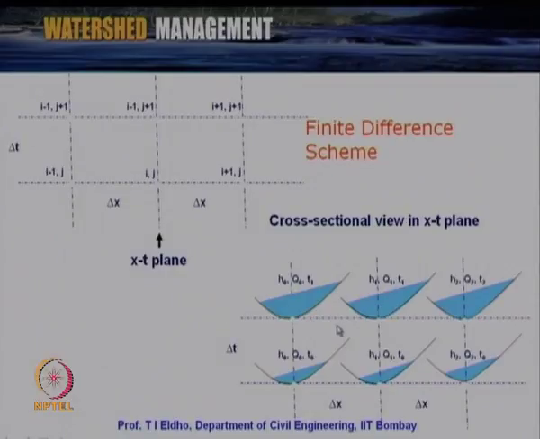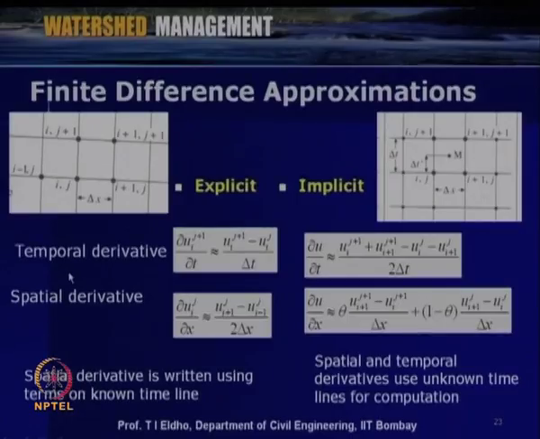This shows a typical finite difference scheme which is applicable for channel flow modeling using finite difference approximation. As we have seen, as far as finite difference is concerned, we can have the explicit scheme and the implicit scheme. In the explicit scheme, the temporal derivative is written like this and the spatial derivative is written by this equation. From one time step to another time step, we use the previous values and march forward.